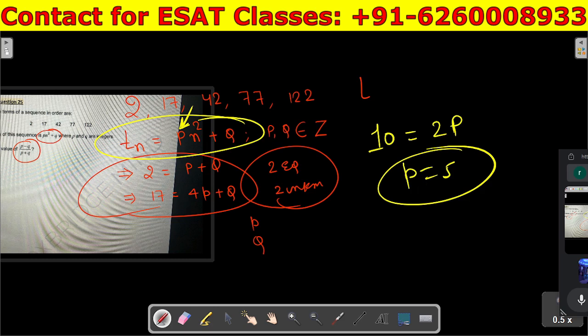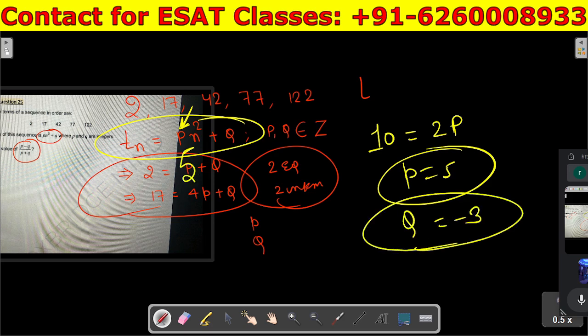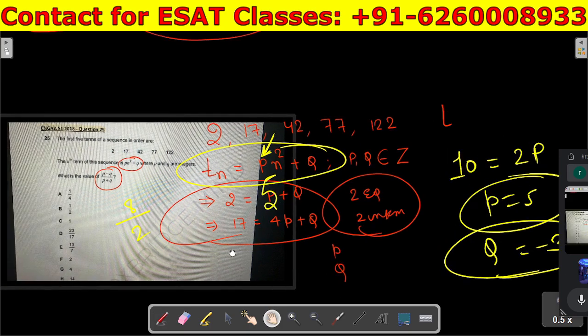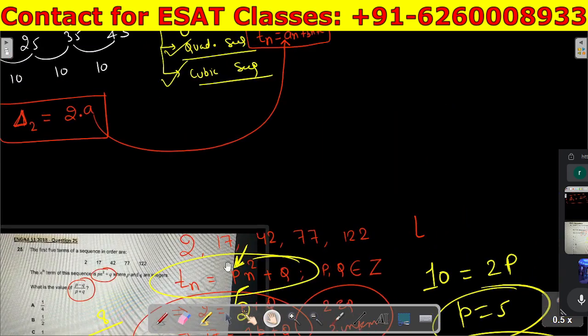And if you have p, just put it here, you can get q equal to minus 3. Are you getting the same? I've done nothing, it's all mental. Now you have p and q, and I think you don't even need to take your pen in this question. So p minus q is 8 and p plus q is 2, so you are getting 4, right?